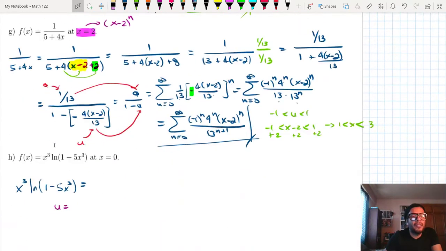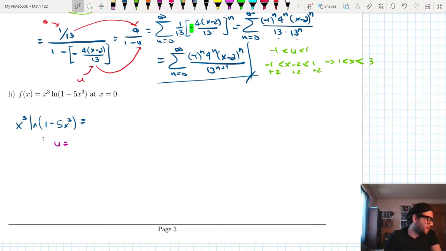What do we have here? Oh, we have a minus. We need to turn this into a plus: x cubed times ln of 1 plus negative 5x cubed. So in this case, our u will be negative 5x cubed.